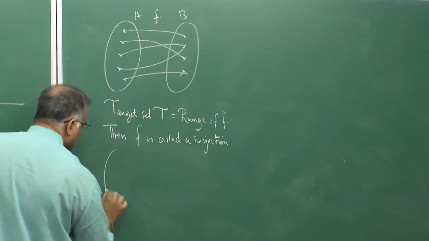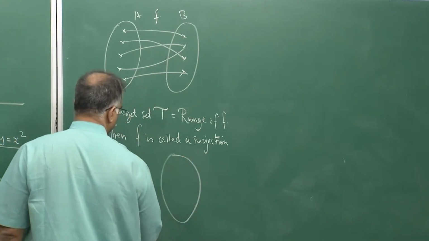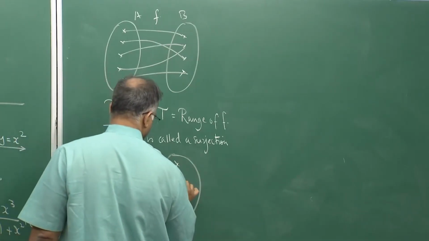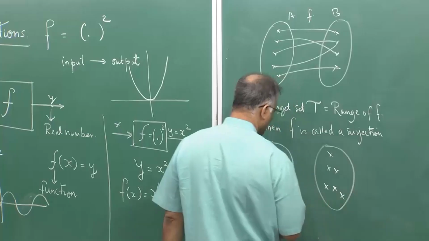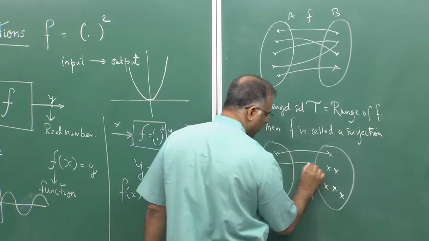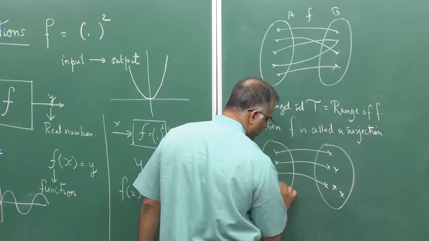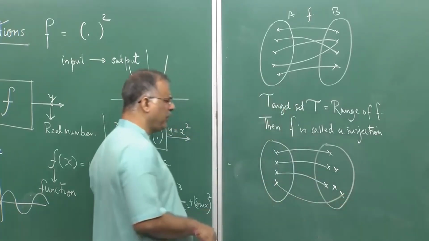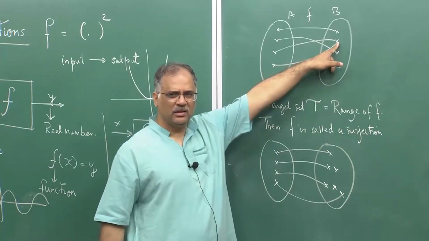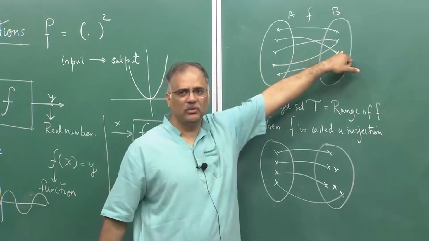Similarly, you can have something called an injection or a one-to-one mapping. So, here you see what is happening: two different inputs are giving the same output.